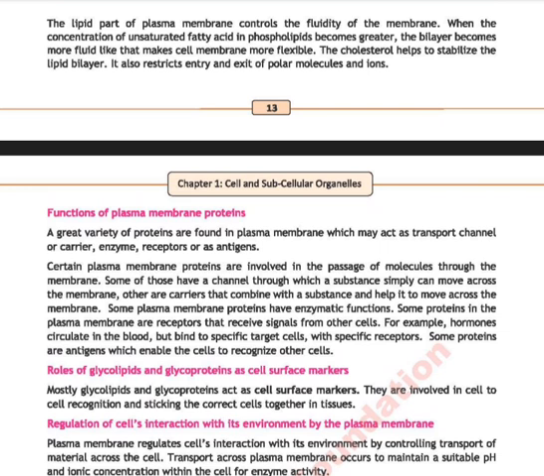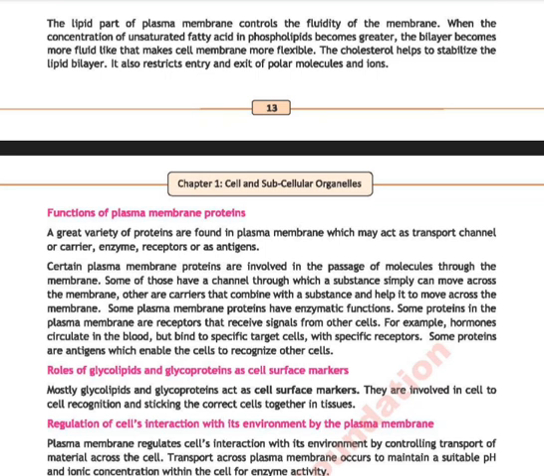The lipid part of the plasma membrane controls the fluidity of the membrane. When the concentration of unsaturated fatty acids in phospholipids becomes greater, the bilayer becomes more fluid-like.